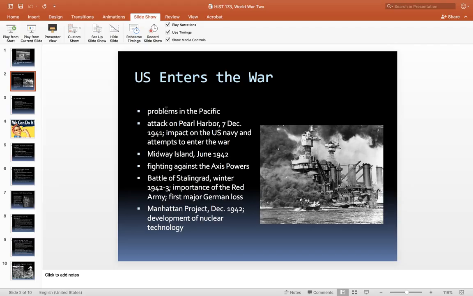A day that will live in infamy, as President Roosevelt said a few days later in front of the Congress when the United States declared war on Japan. All sorts of discussions. This is a photograph of several of the ships that are being bombed out here and burning in the aftermath of the attack on Pearl Harbor.